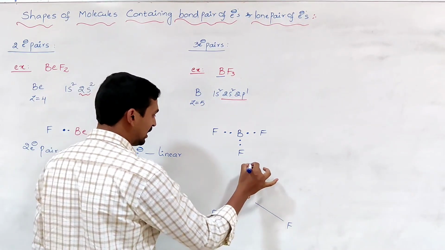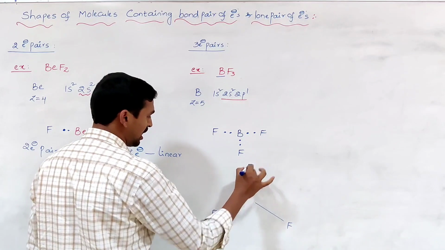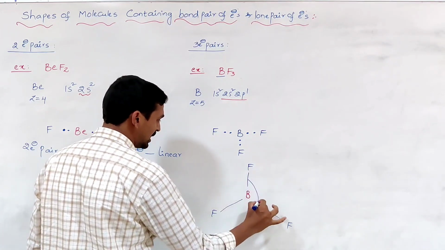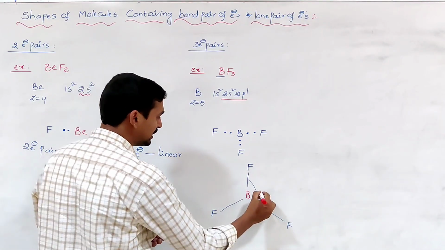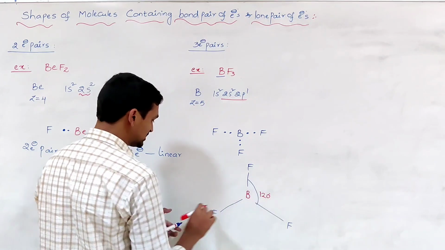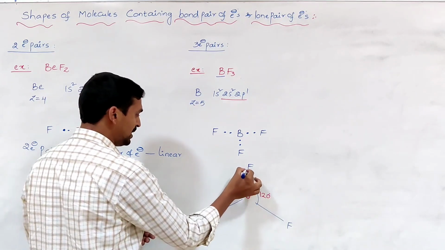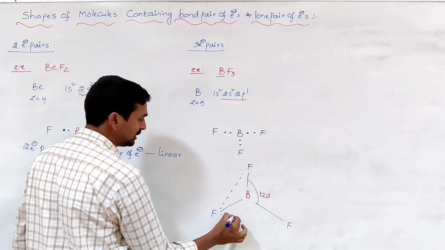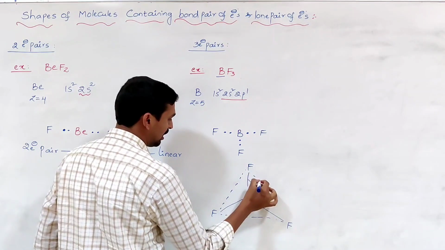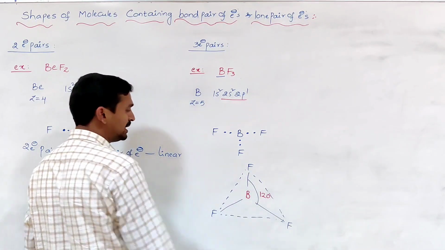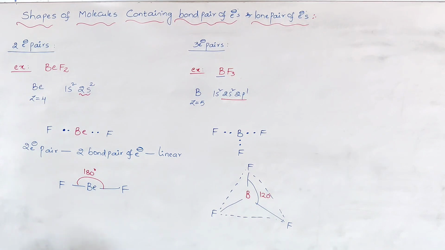The bond angle between any FBF is 120 degrees. All the bonds are the same BF bonds, and when you determine the bond length, all the bond lengths are the same. It is a symmetrical structure.